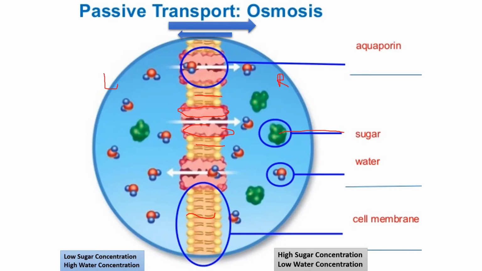On the left, we have a low concentration of sugar. And water will move to the area where there is a high concentration of sugar, or free water will move to the area where there is a low concentration of free water.